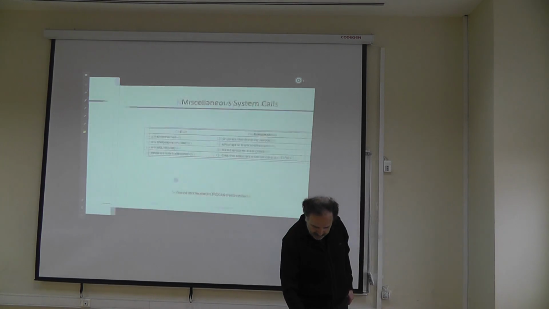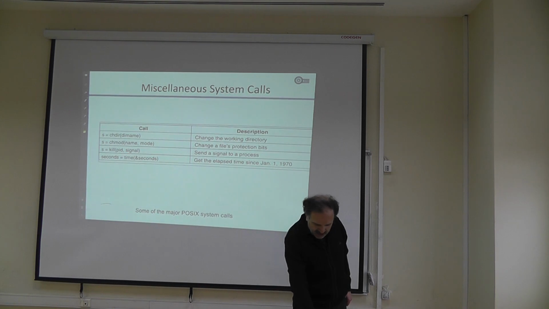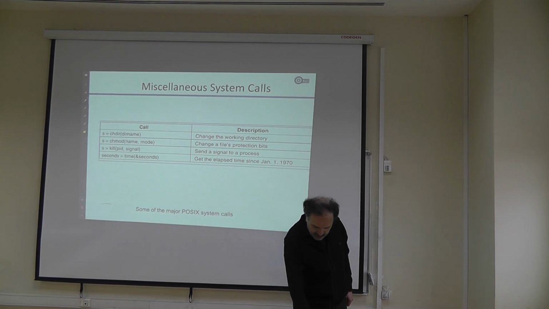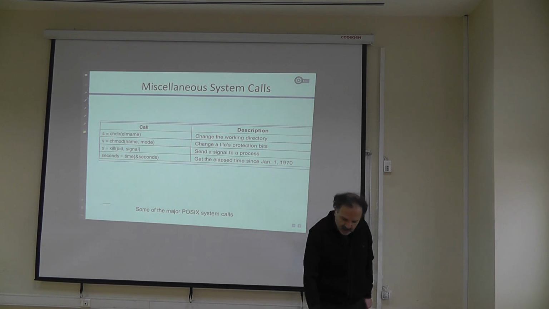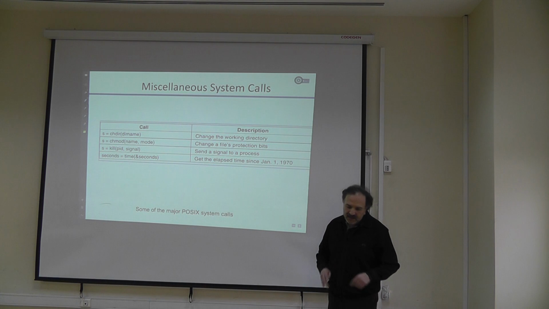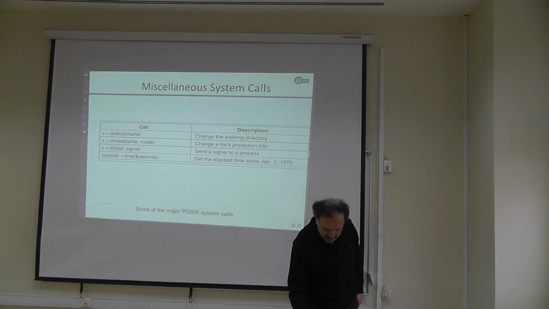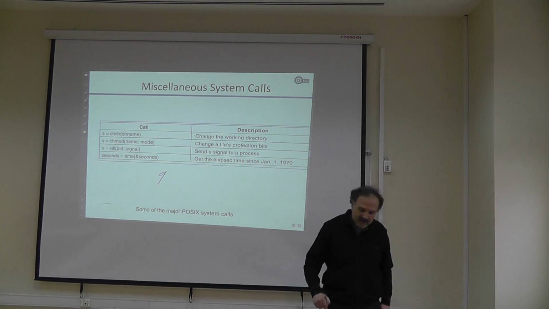Link and mount. Okay, these are the other stuff. Changing directories, changing mode. Kill sends a signal to the process. You specify the process ID and you specify the signal type. For example, signal number 9 is for terminating the process.